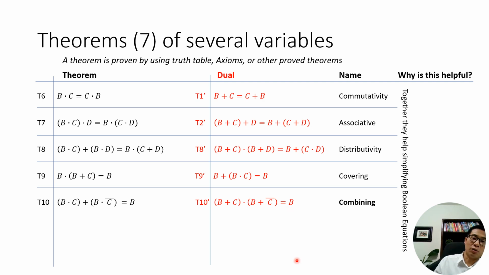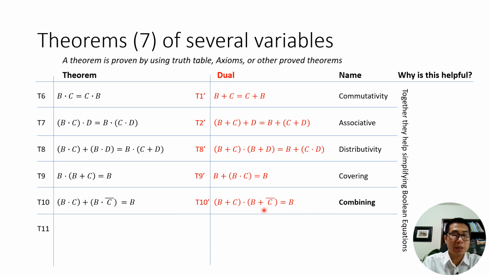That's why this one is called combining, and that's why I write this one in bold: because it's very important. Again, this one is in sum of products form, a way of transforming a truth table into a Boolean equation, so using this will help you simplify it. And its dual form is product of sums, which you get when you convert from a truth table to this form. So it is very helpful.